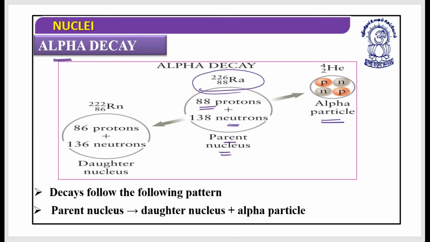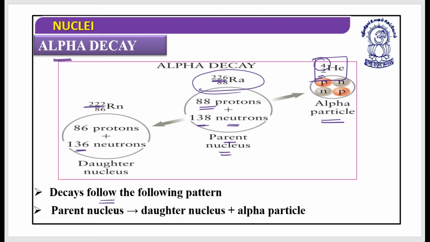When this is emitted, its atomic number would be decreased by 2 and its atomic mass would be decreased by 4. So if it is 138 minus 2, the daughter nucleus should have 136 neutrons, and as the atomic mass has been reduced by 4, 226 would become 222. I hope this is clear.